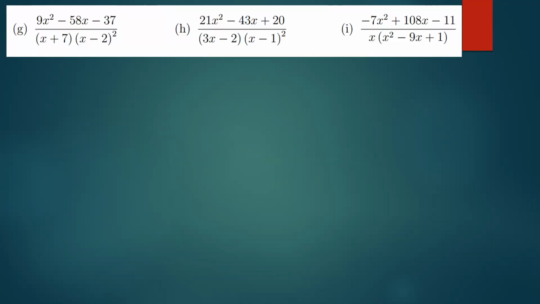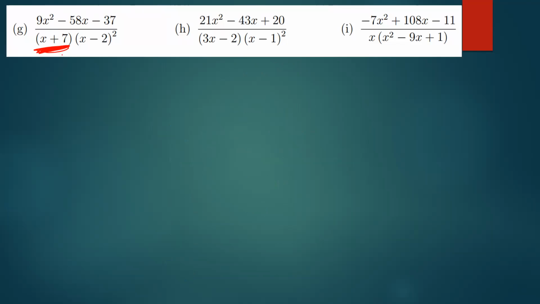All right, so let's quickly look at the questions that we have. When you look at the first part here, this is a factor, and it is a linear factor.